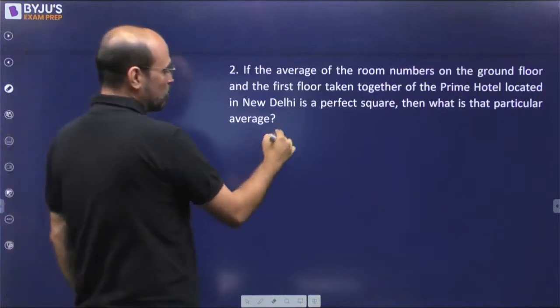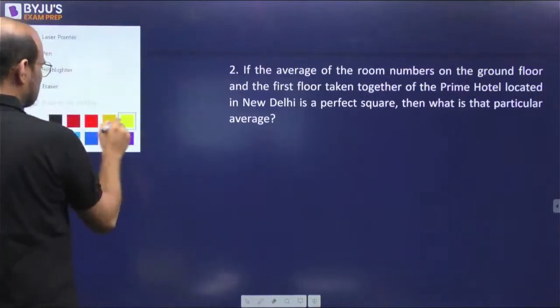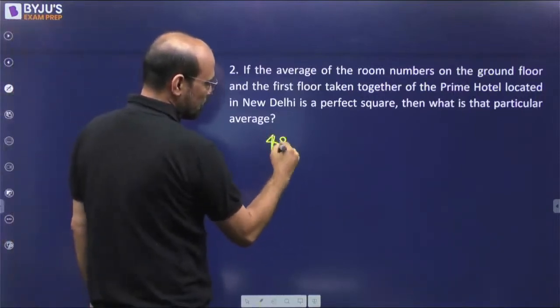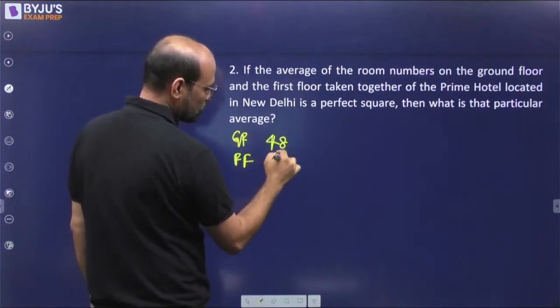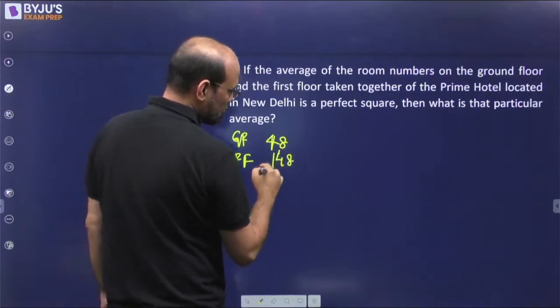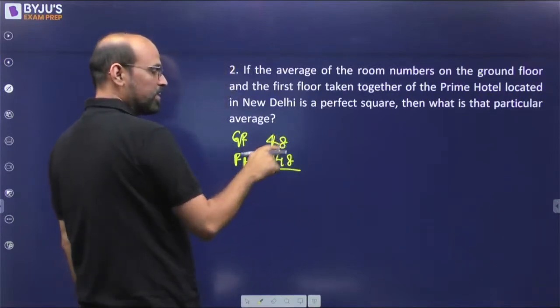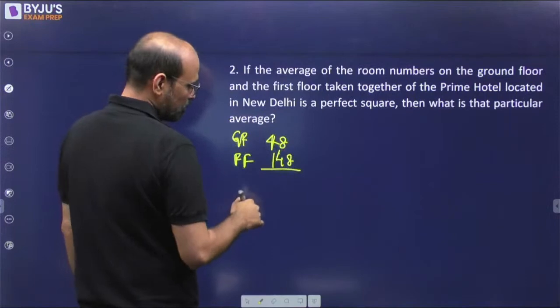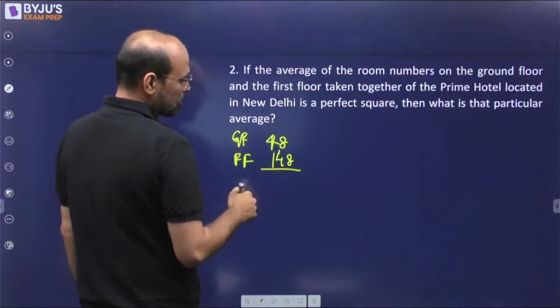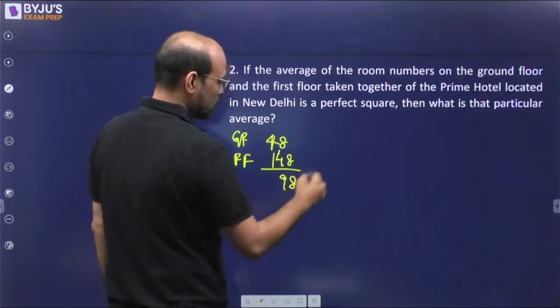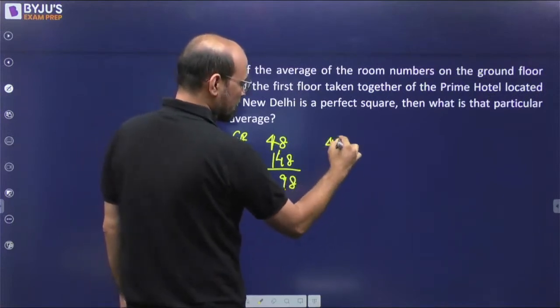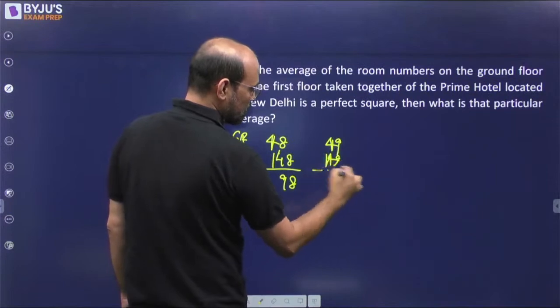So the averages were 48 for ground floor and the first floor is going to be 148. So their average is going to be 48 plus 50, 98. If I talk about the next one, we had 49 and 149.